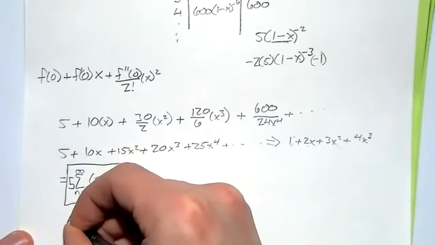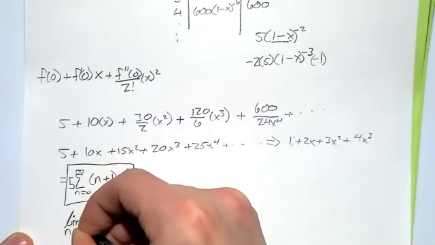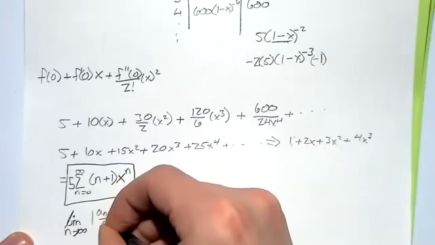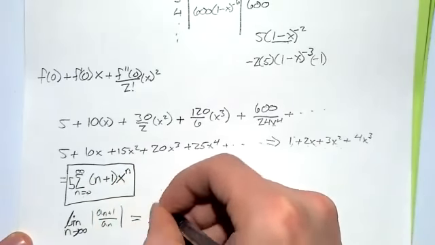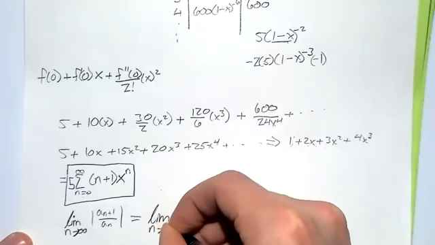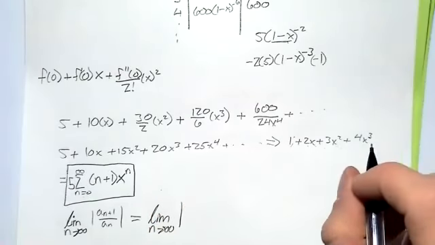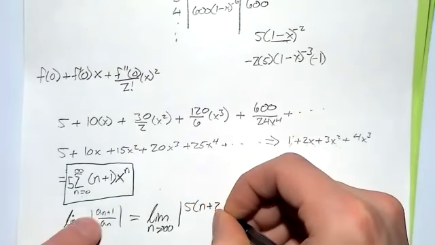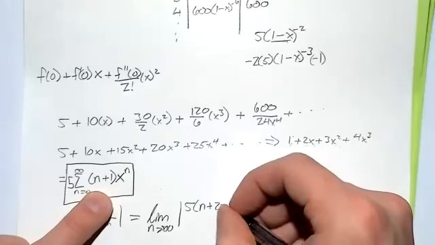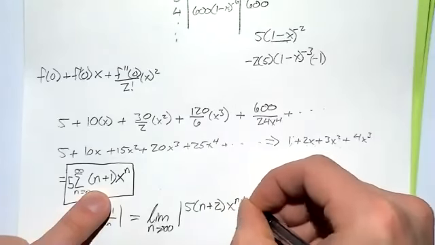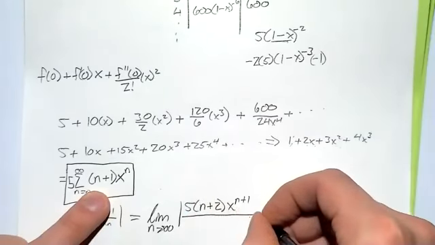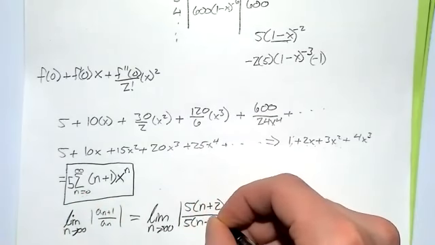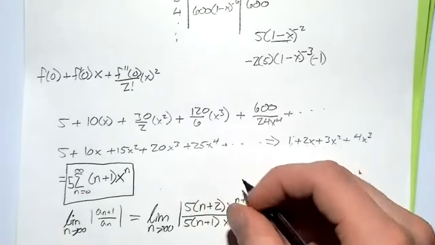We'll have the limit as n approaches infinity of a sub n plus 1 over a sub n, equals the limit as n approaches infinity of 5 times n plus 2, because n plus 1 gives us n plus 2, times x to the n plus 1, divided by 5 times n plus 1 times x to the n.